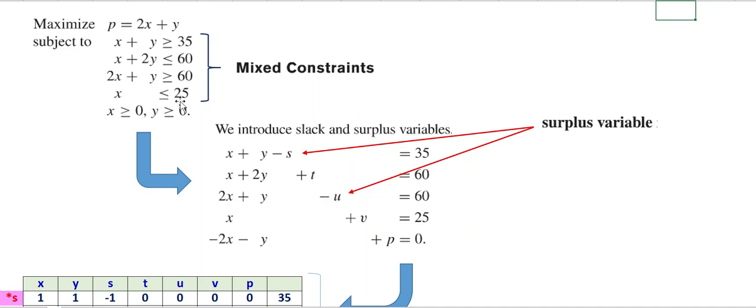And in the fourth inequality, we have a less than or equal to, so we will add the slack variable. And then our objective function becomes minus 2x minus y plus p equals 0. And we have completed that step. So the difference here is knowing when to subtract these surplus variables rather than adding them.